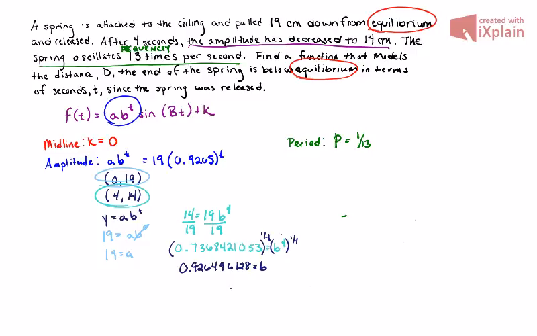In order to find the period, remember that the period is time. Since I'm going to oscillate 13 times in 1 second, what I'm saying here is that it's going to take me 1/13 of a second to oscillate once.